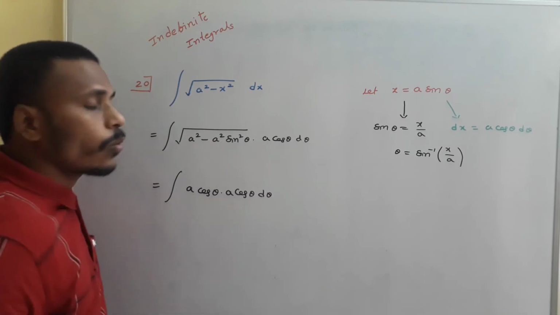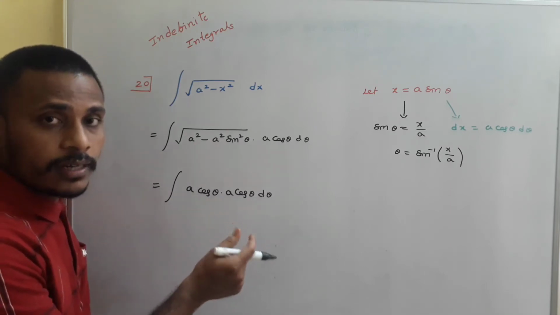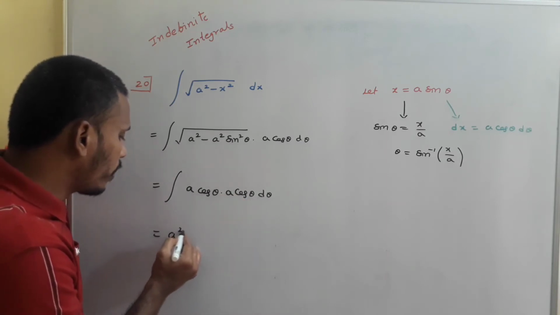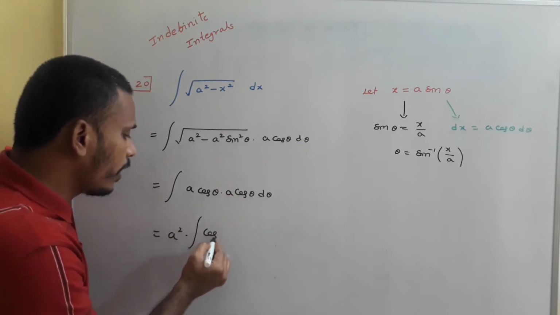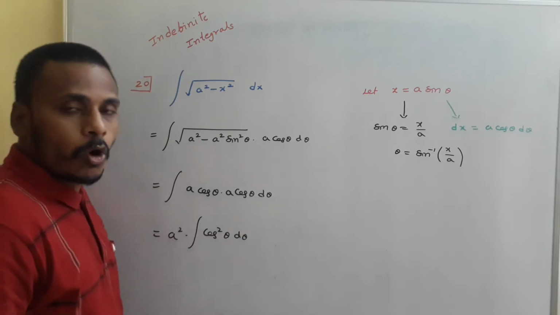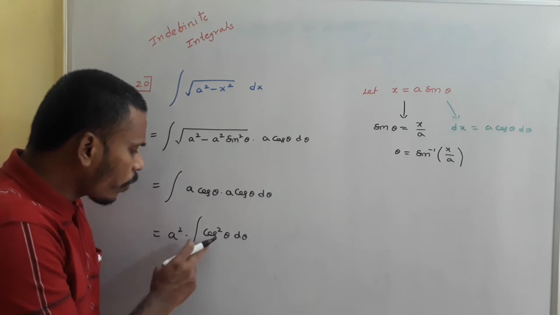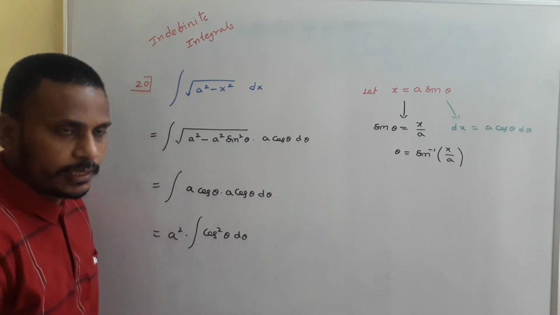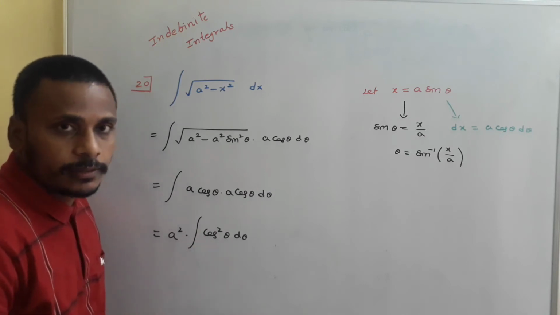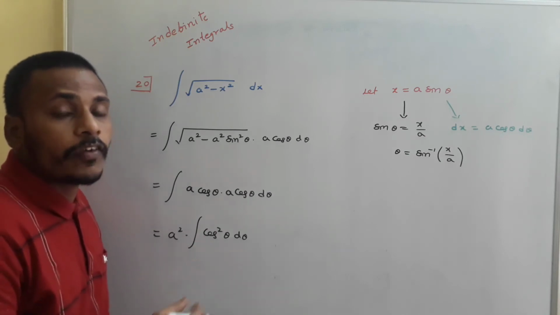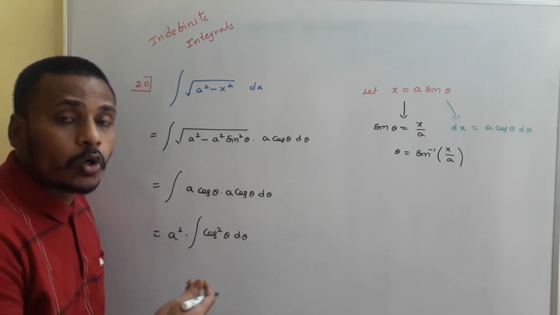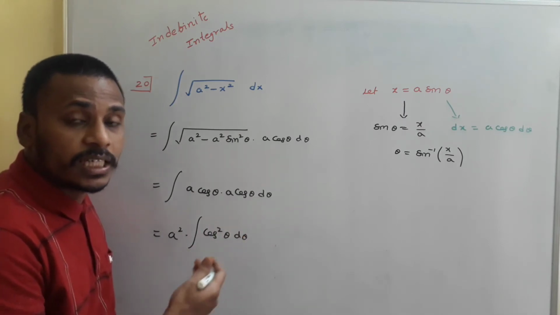And then a into a square is a constant, keep it out. And cos theta into cos theta is cos square theta. So a square integral cos square theta d theta. So how to calculate the integral of cos square theta? We know the integral for cos theta or cos 2 theta, or you may say cos 3 theta, but we don't know the integral values for cos square theta directly.